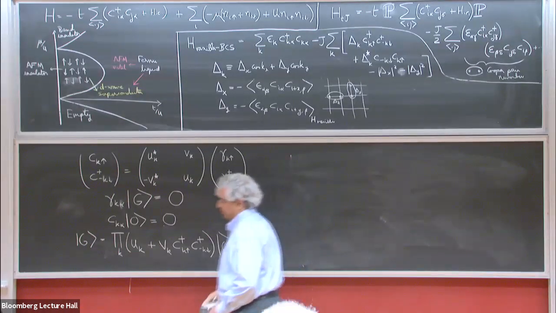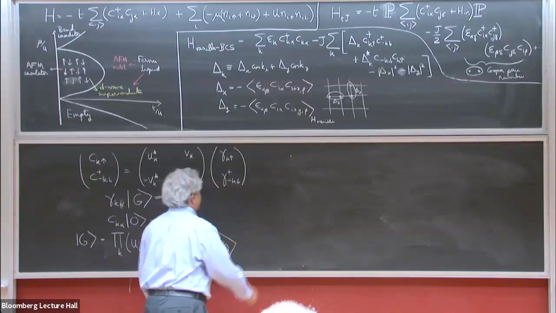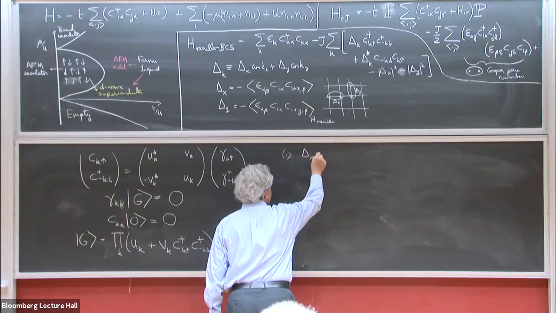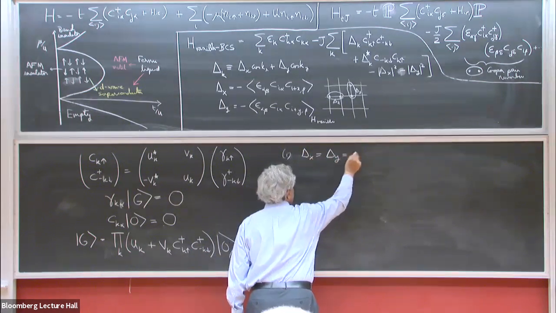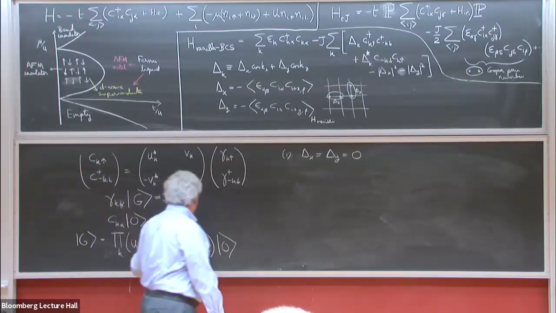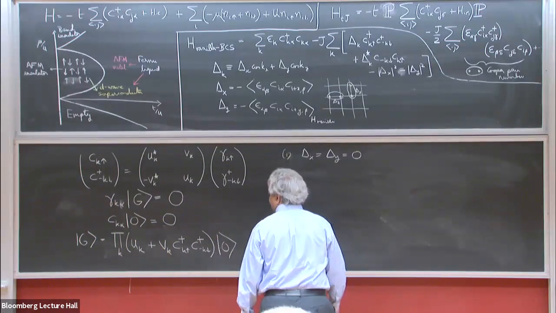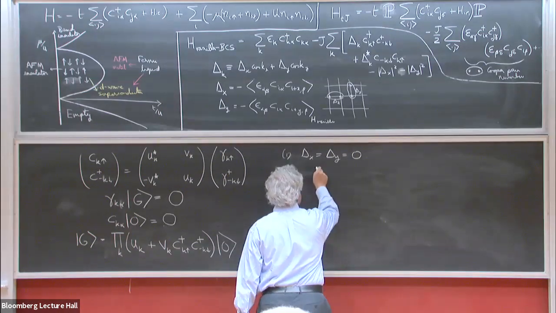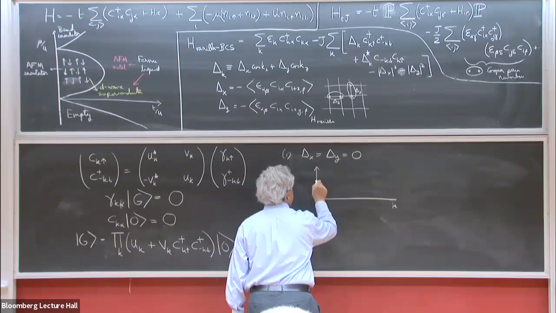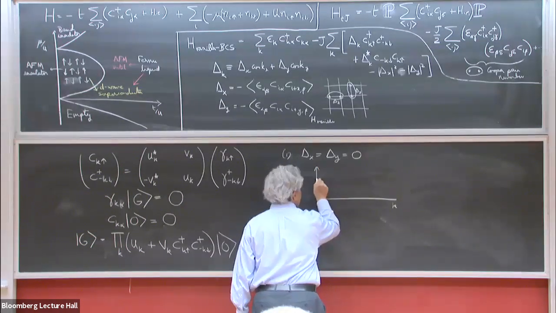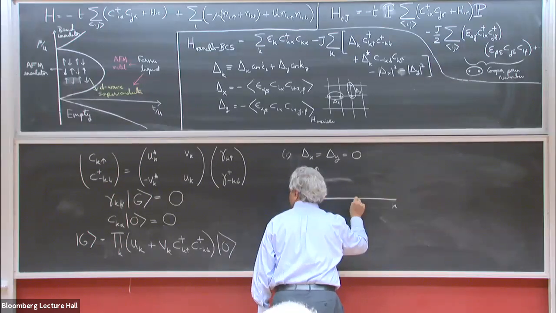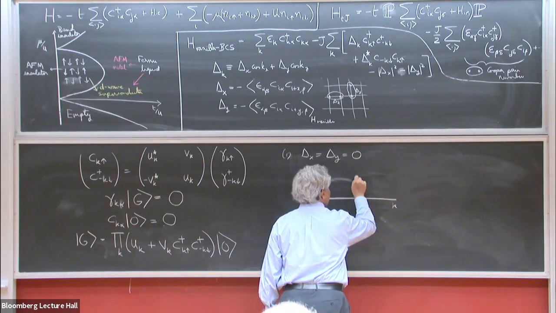So for example, in a Fermi liquid, if you had no pairing, if you took the solution delta x equals delta y equals 0, and then you looked at the values of Vk and Uk, what you would find is that Uk, as a function of momentum, would be 0 up to the Fermi wave vector, and 1 above it.